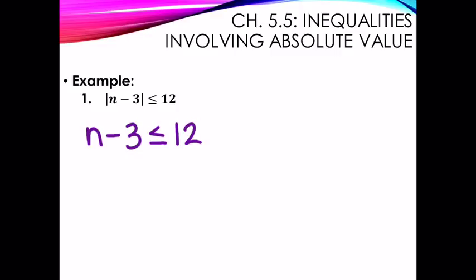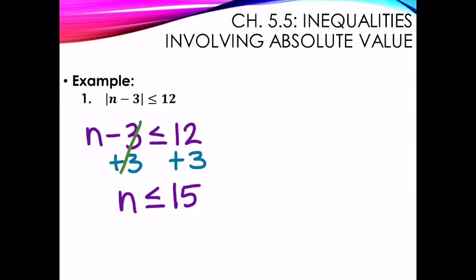We're going to solve this inequality the same way that we've solved them the last couple of days. I'm going to start by adding 3 to both sides. So my negative 3 and positive 3 are going to cancel out. I'm going to have n is less than or equal to 12 plus 3, which is 15. So one possibility is that n is less than or equal to 15.